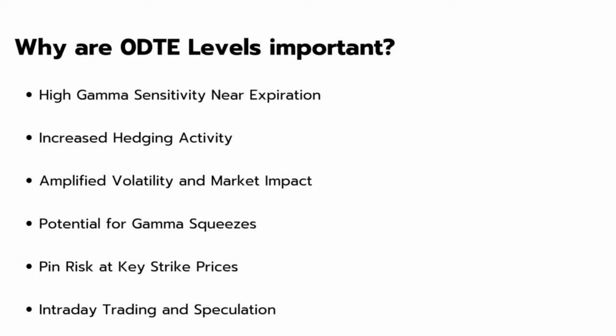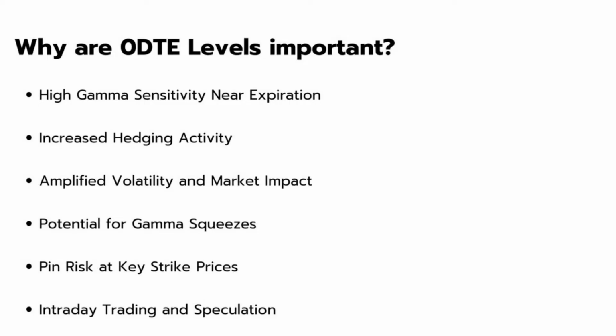So we see that short-dated options, typically zero DTEs or weekly options, have a higher gamma sensitivity, and as the option approaches the expiration, especially the at-the-money options that typically have the highest gamma, they can be very sensitive to every change in underlying price.